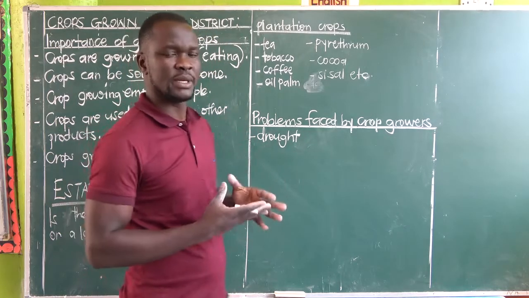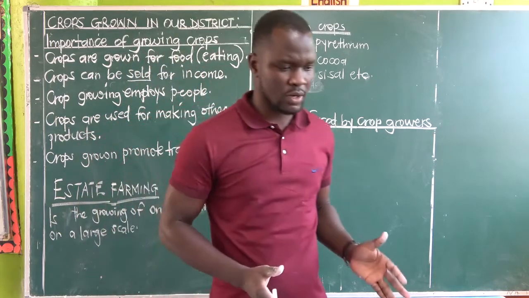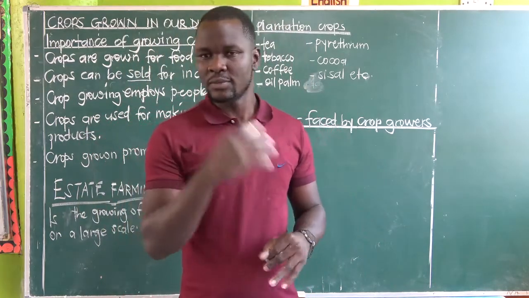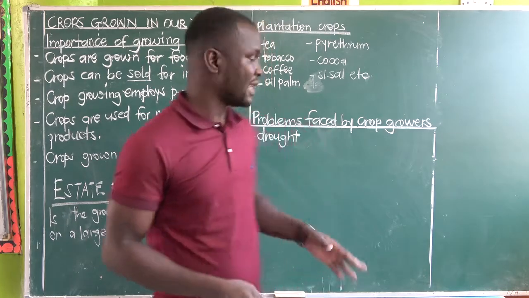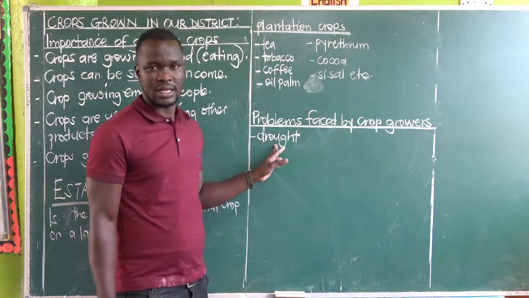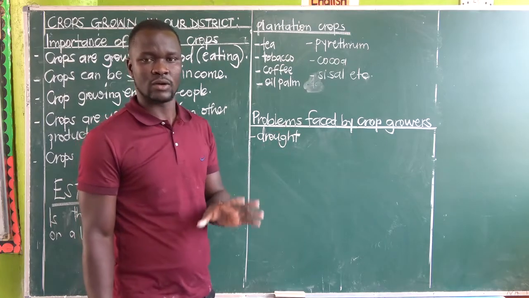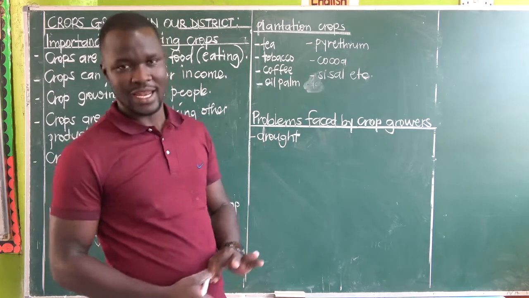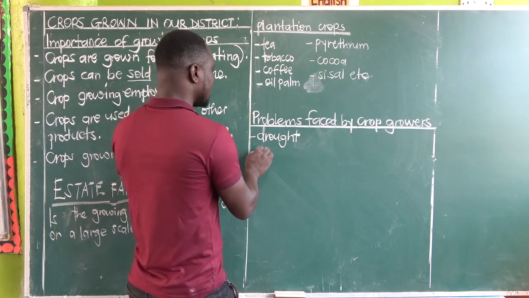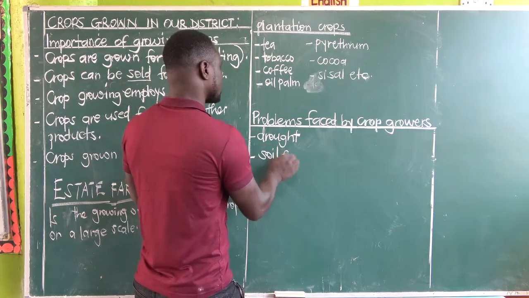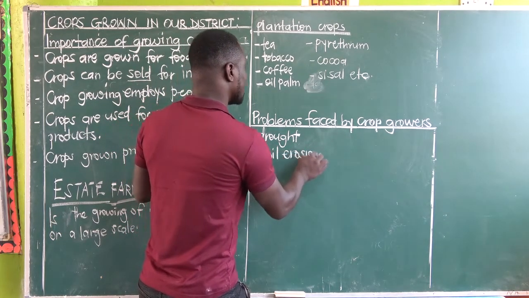Prolonged sunshine, meaning sometimes they grow their crops and the sun shines for a longer season or for a longer time. That causes drought, and you find that the crops end up drying in an area. And then the other problem is soil erosion.